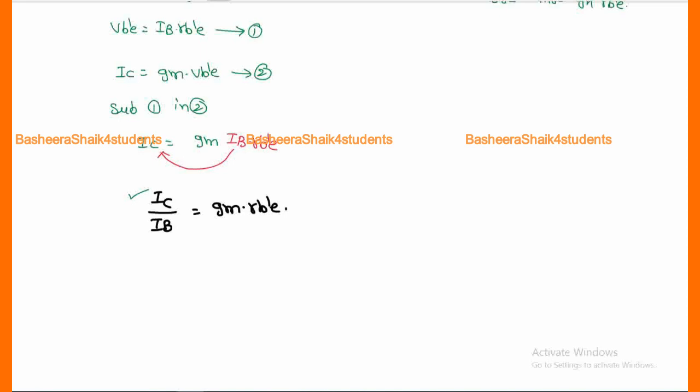So from the h parameters, we can write IC equal to hfe IB plus hoe VCE, and in order to solve the above condition, we make VCE equal to 0.